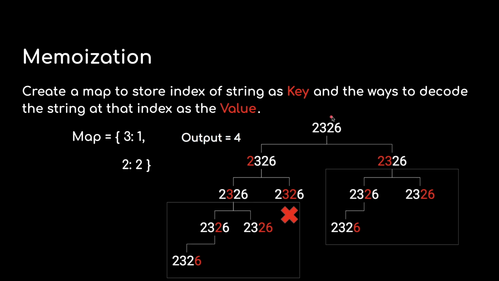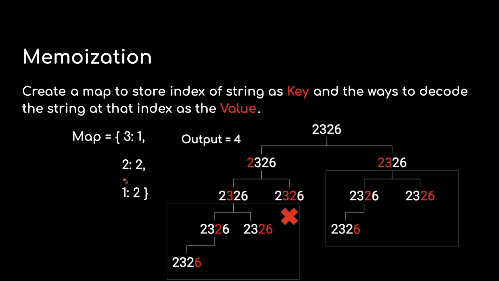Moving to the second index, we have 2 and 6 after that. So what are the ways to solve 26? Either we can take 2 and 6 separately as single digits, or we can take 26 as a double digit. So at index 2, the value will be 2. Next, moving on to index 1, we have the value 3, and after that 2 and 6.